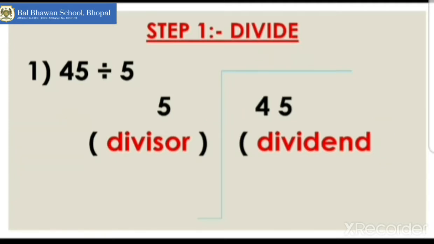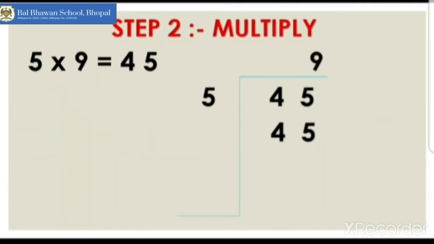Now step 2. Step 2 is of multiplication. That is, step 2 is multiply. So here, how are you supposed to apply this step of multiplication? Children, we will find out how many times 5 is there in 45, using the table of 5.